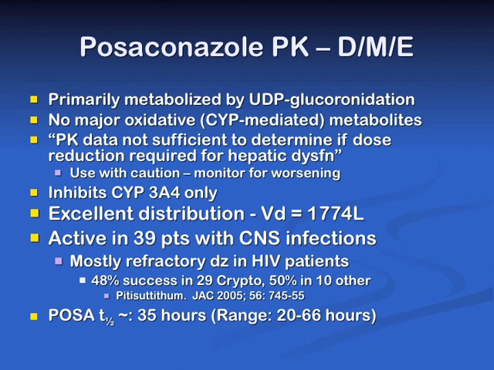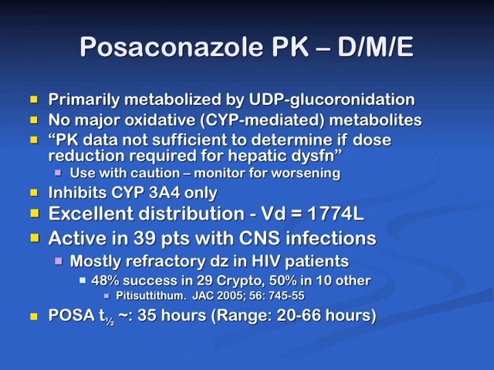Posaconazole is metabolized by glucuronidation and has no major CYP-mediated metabolites. There's a comment in the package insert that there's not enough data to determine if dose reduction is required for hepatic dysfunction. Really, there's very little difference between concentrations in patients with and without hepatic dysfunction. So if I was going to use it in a patient with hepatic dysfunction, I would use full dose.